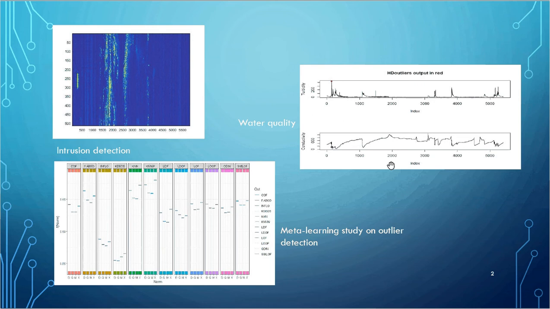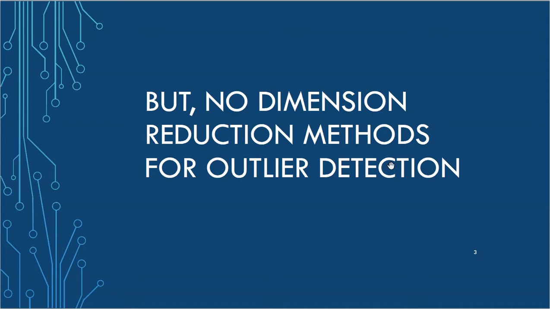So, I've worked in outlier detection for some applications like intrusion detection and detecting outliers in water quality data, and a meta-learning study for outlier detection. But what I've noticed is that there are no dimension reduction methods specially done for outlier detection.